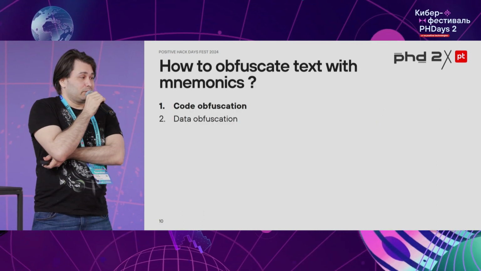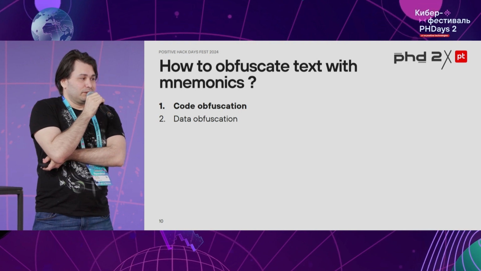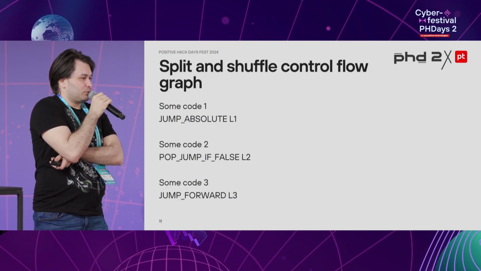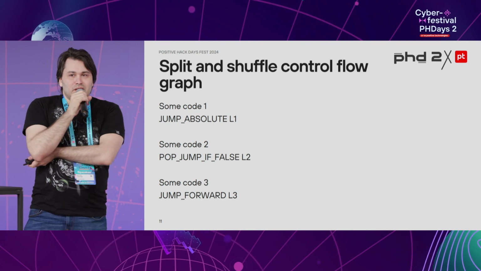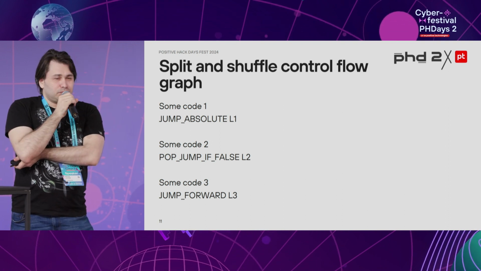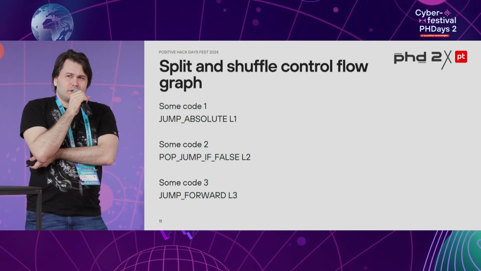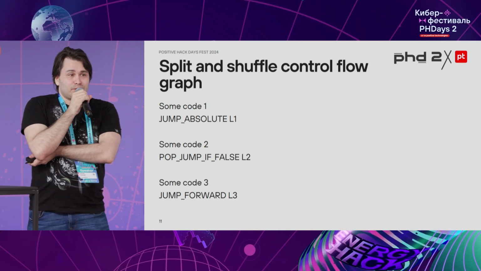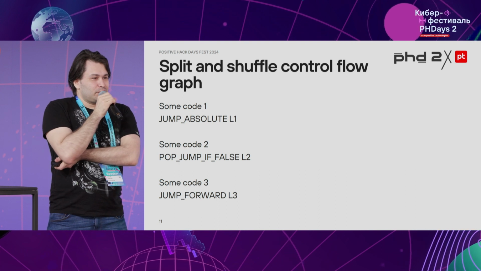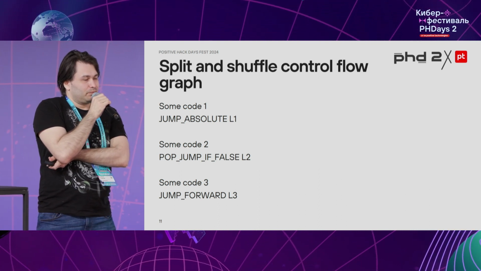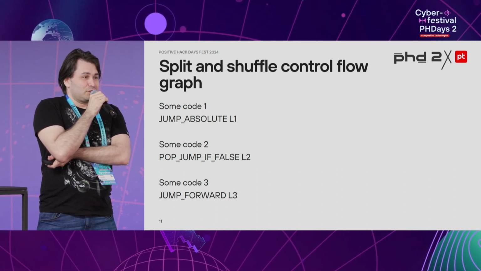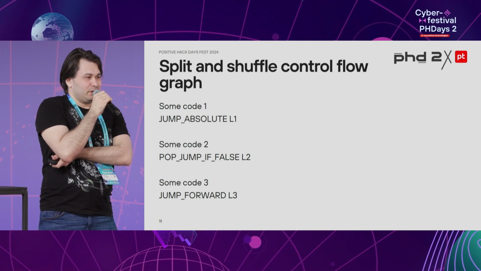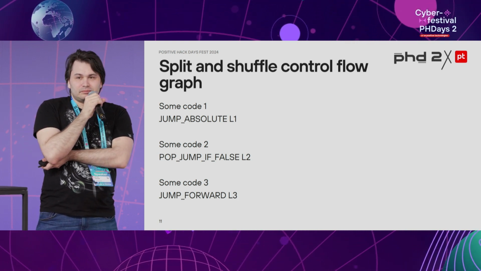For obfuscation, what you need to do is obfuscate code, and then you obfuscate data. Let's start with code obfuscation. The code consists of commands and the forward functions. I decided to split all Python basic blocks and shuffle them so they wouldn't be readable.